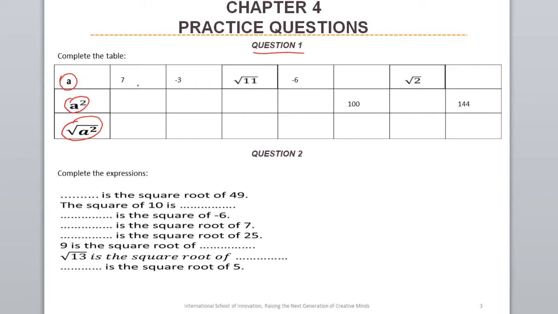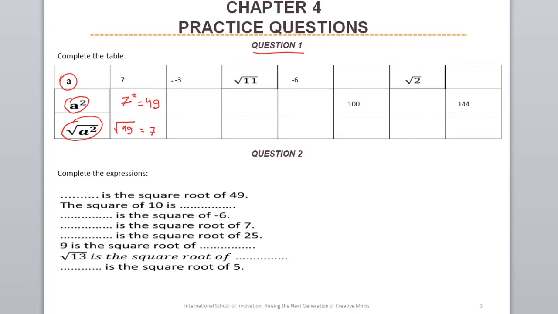Let's start with number 7. 7 squared is equal to 49, and radical a squared, meaning radical 49, is equal to 7.